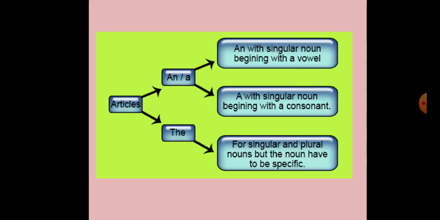Now you see the use of articles through a diagram. Articles a and an: we use an with a singular noun beginning with a vowel. We use a with a singular noun beginning with a consonant. And we use the for singular and plural nouns, but the noun has to be specific.